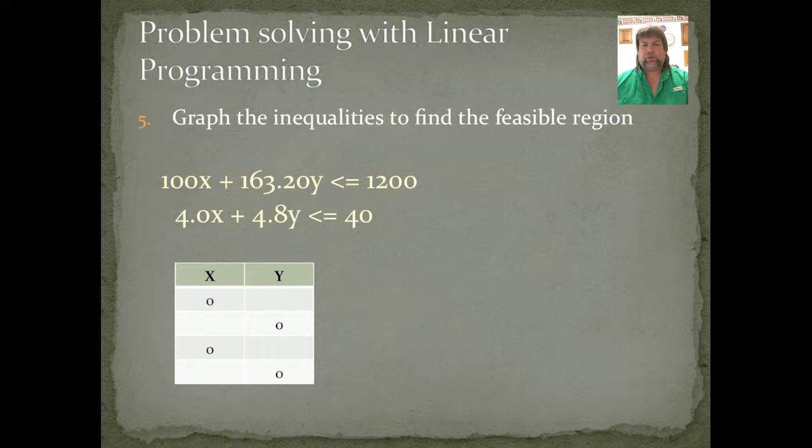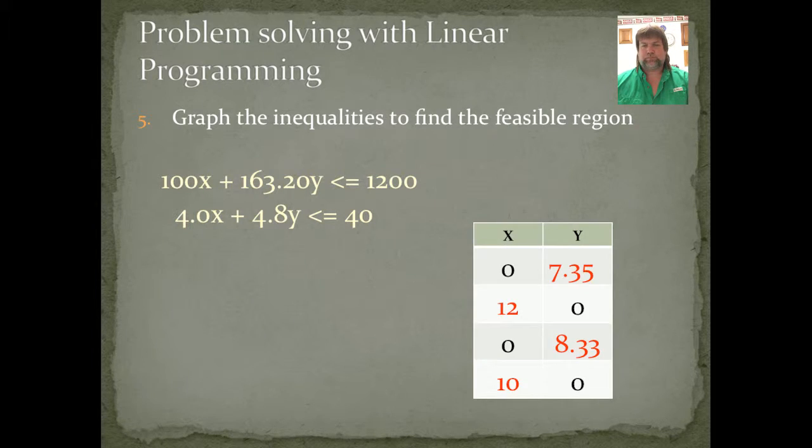In order to do this, we're going to have to find some points. So we'll let x be 0 and plug it in each formula to find the y values, and vice versa.